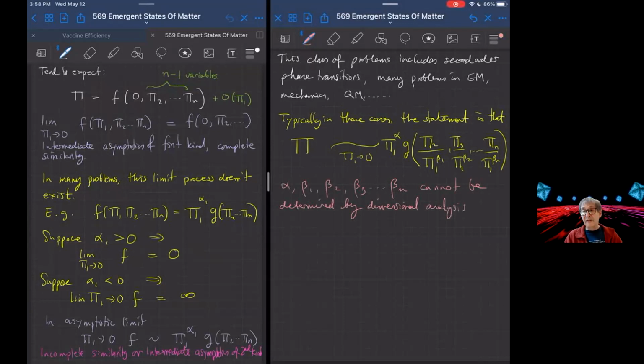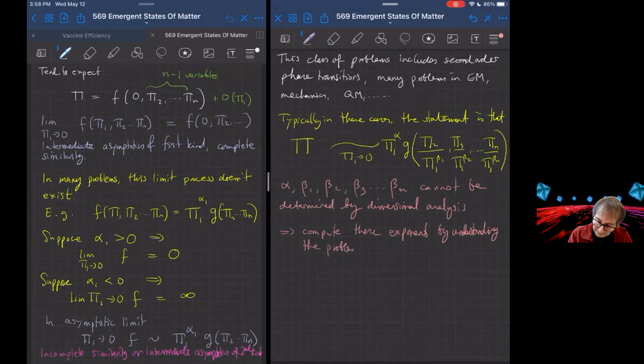Well, in the form of the problem that we already stated, in terms of the pi's, everything is dimensionless. So dimensional analysis cannot possibly compute these exponents. So in order to compute these exponents, you actually have to solve the problem. So you have to understand the problem, at least in the asymptotic limit.